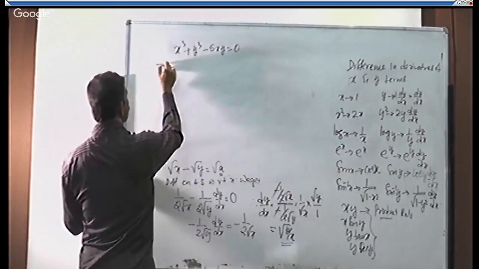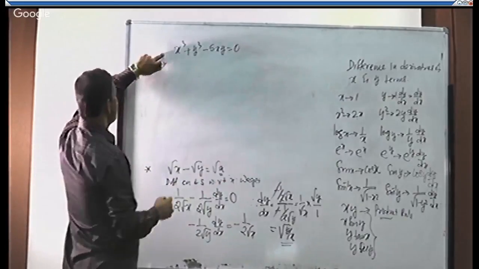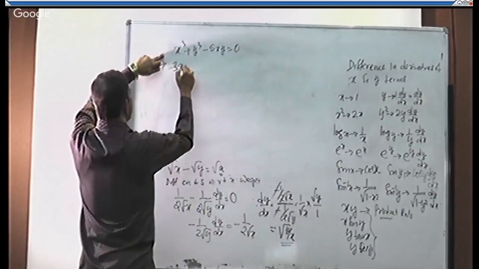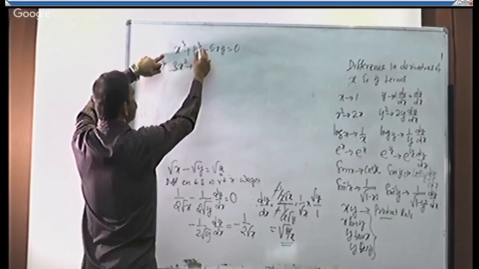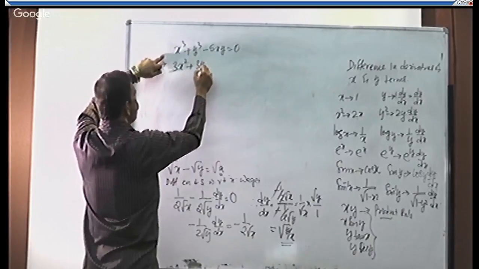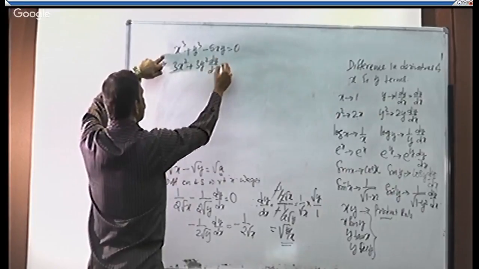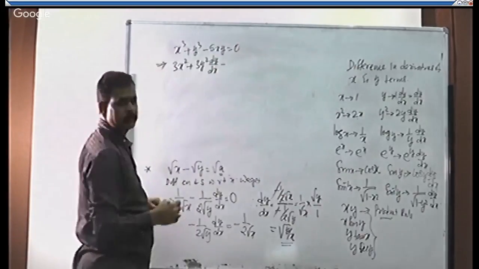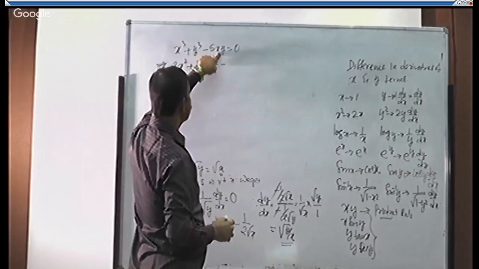Differentiate on both sides. Differentiation of x cube is what? 3x square, plus symbol. Differentiation of y cube is what? 3y square into dy by dx, minus. What is the next term? 5xy.